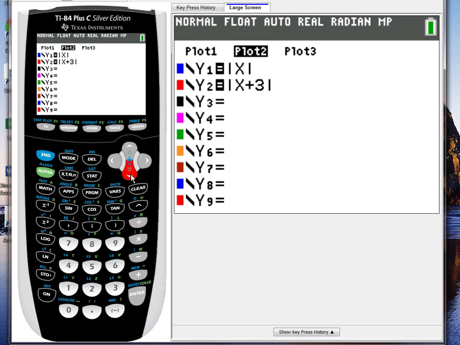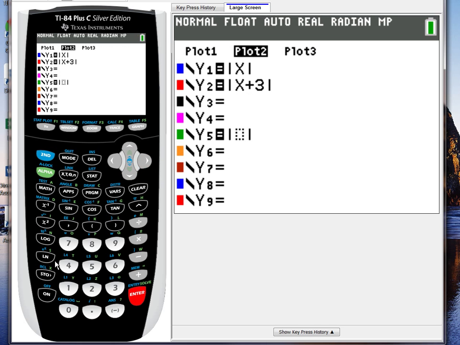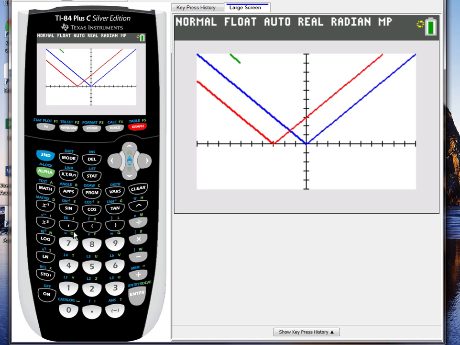We're going to put this one in green. We're going to do absolute value, and inside the function, I'm going to put x minus 3. Which direction do you think that's going to go? Let's take a look.